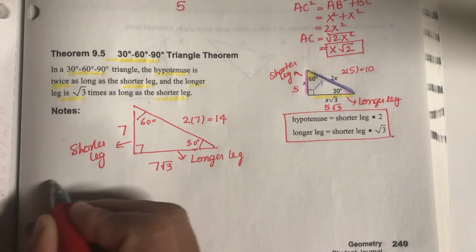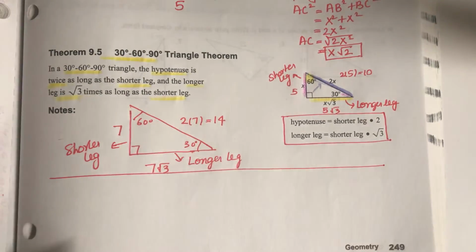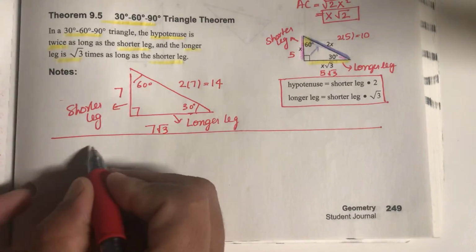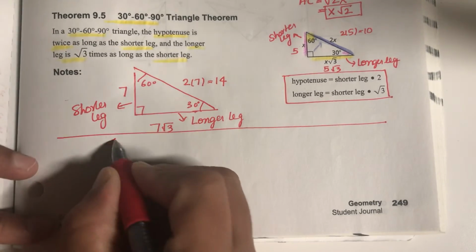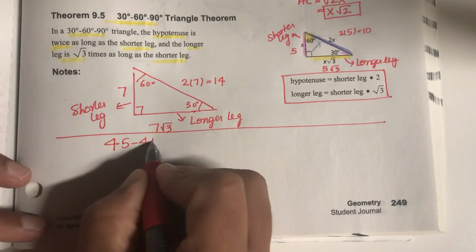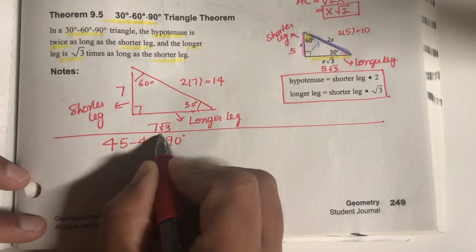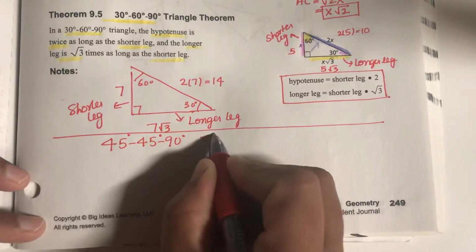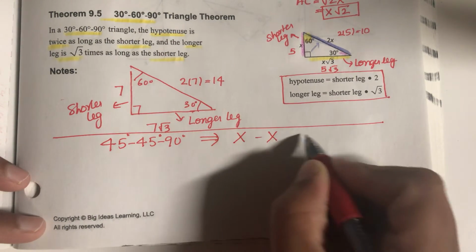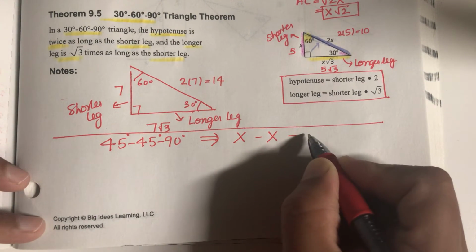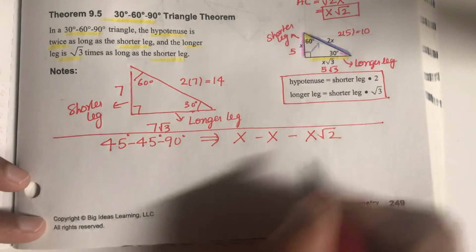So let's summarize. How to remember? The very first step is to identify the kind of triangle it is. If it is a 45, 45, 90 degree triangle, then remember the expression x, x, and x root 2.